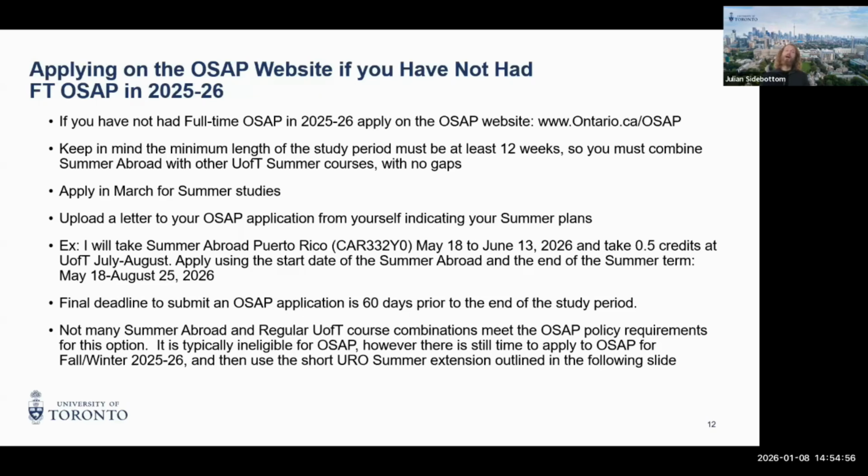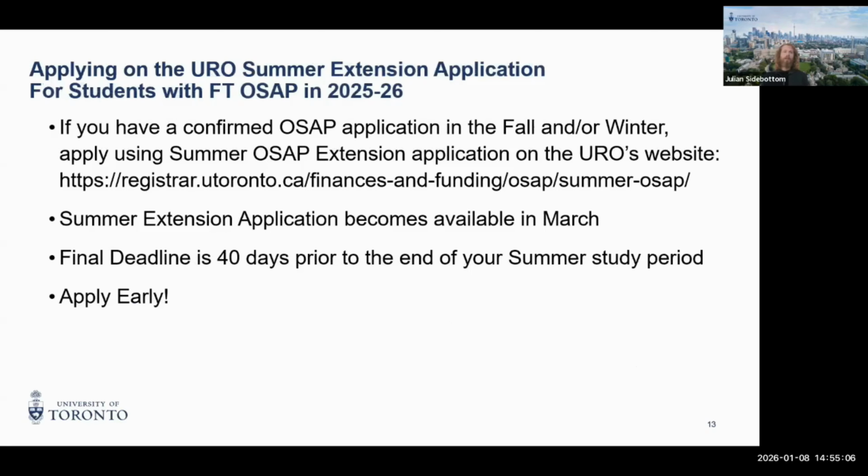But there's still time to apply for this fall and winter. And then you can use our short summer extension application, which I'll outline now. If you have a confirmed OSAP application, either fall 2025, winter 2026, or fall-winter 25-26, then at the beginning of March, we'll make available on our website a short extension.